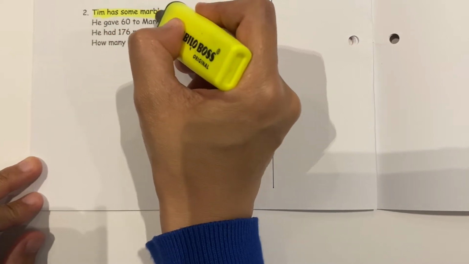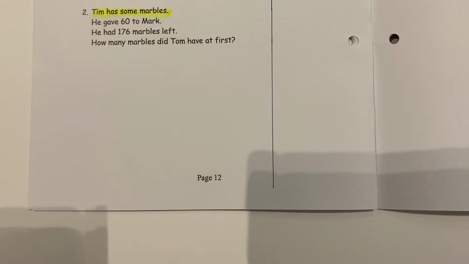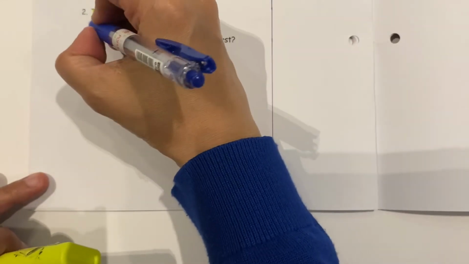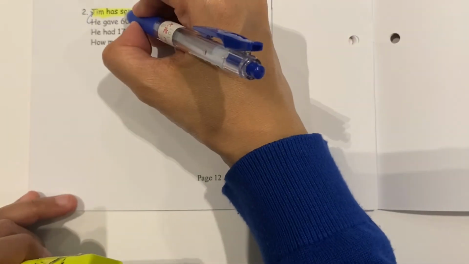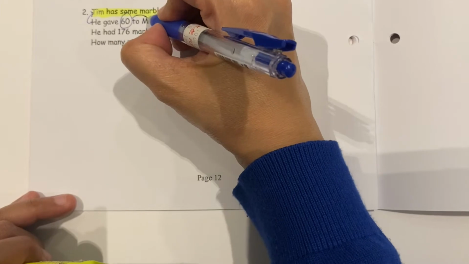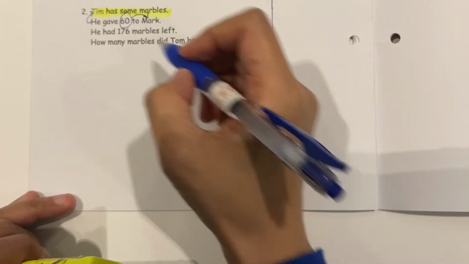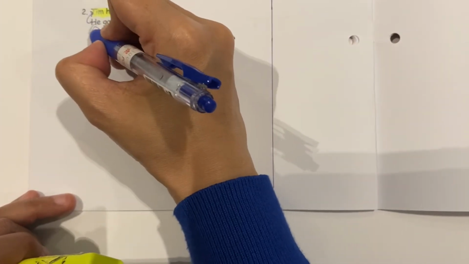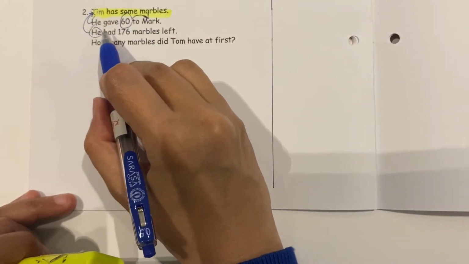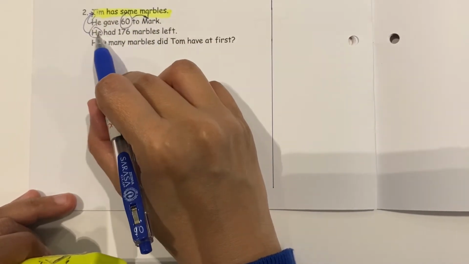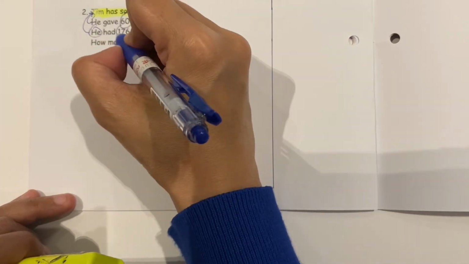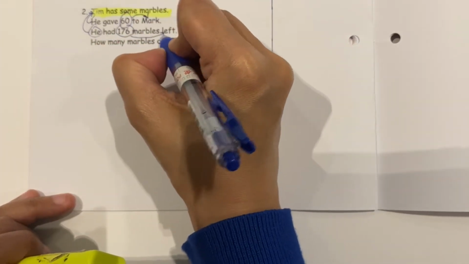They just say some marbles. Do you know how many marbles? We don't know. Now, he refers to Tim. So Tim gave 60 to this person here, Mark. He also refers to Tim. After giving 60 to Mark, Tim has 176 marbles left with him.